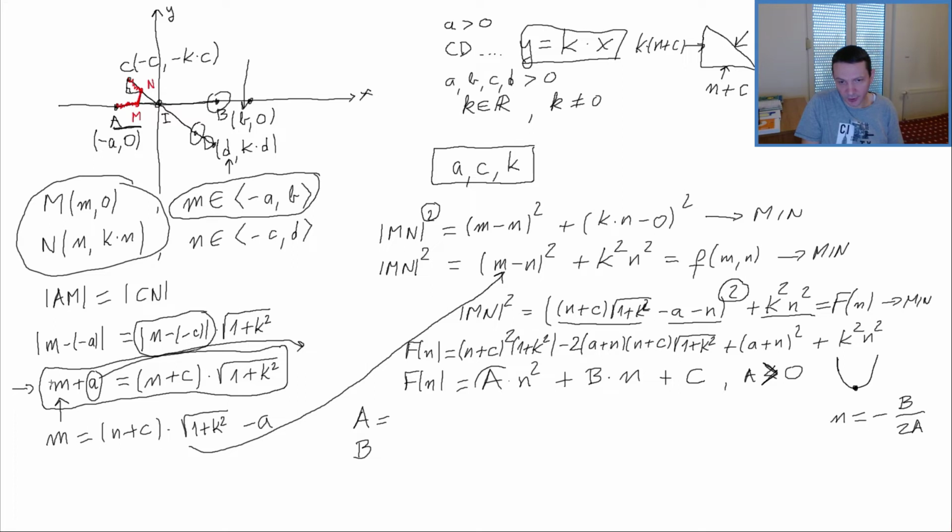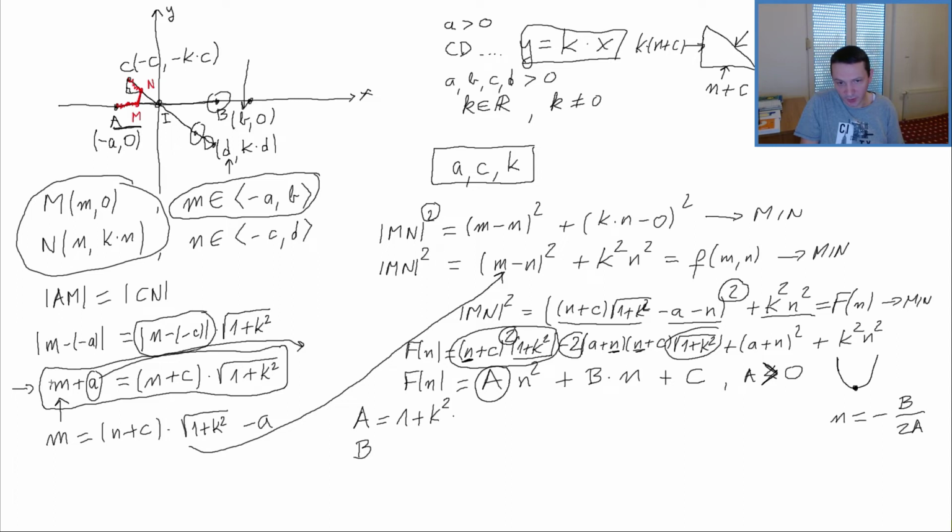A is the coefficient in front of n squared. Here we have n, and it will be squared here. So the first term will give 1 plus k squared in front of n squared. Then n squared will be obtained also in the second term when we multiply n times n, and the coefficient will be this minus 2 together with this square root here.